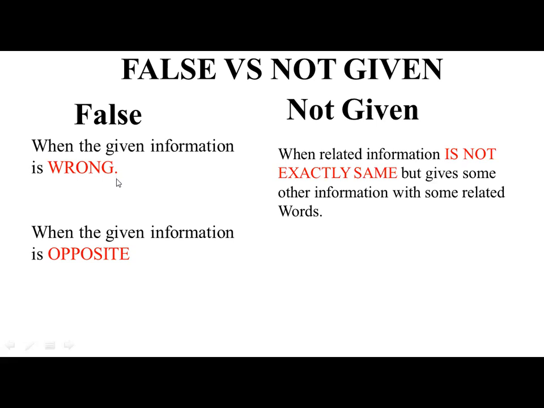Or let's say the question says the breakfast charge here is $2, but the text says that the breakfast charge is $10. So that is wrong information. When you read the question, see whether you can say it's wrong and you have the right answer with you.